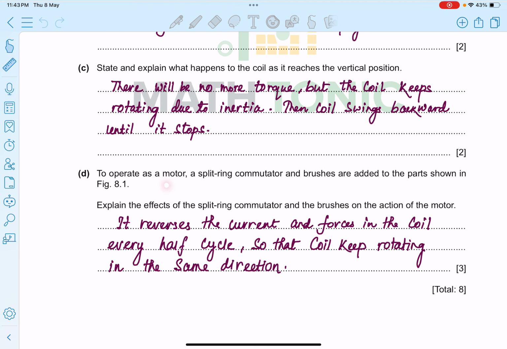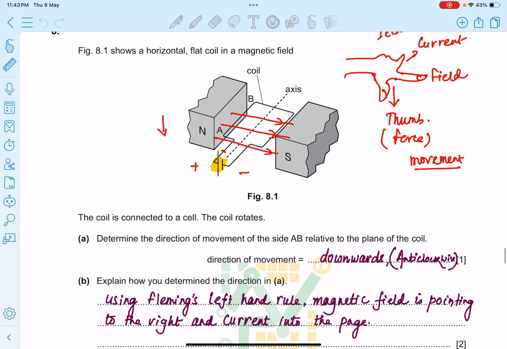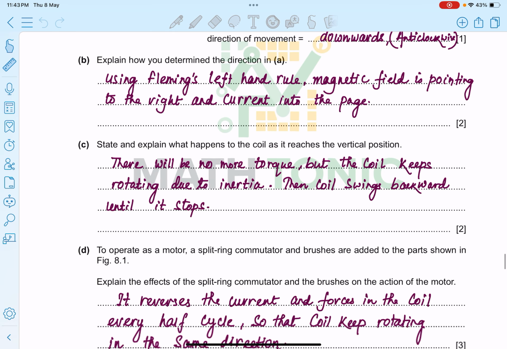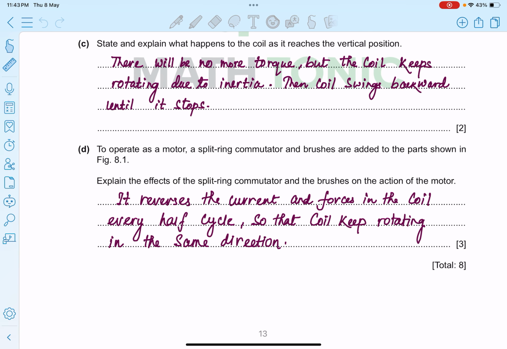To operate as a motor, a split ring commutator and brushes are added to the parts shown in the figure. Explain the effects of the split ring commutator and the brushes on the motor.